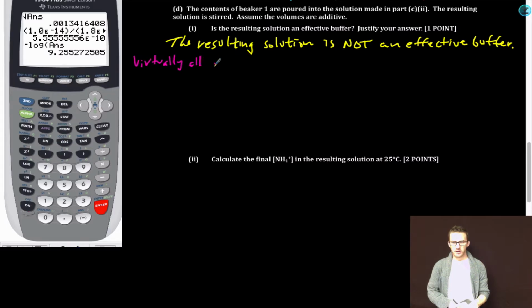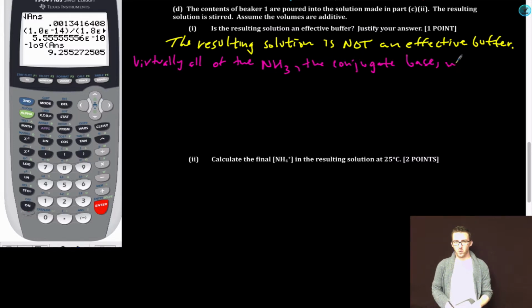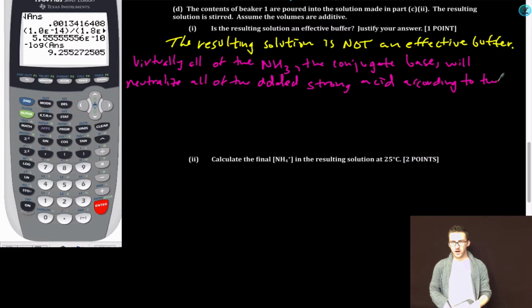Okay, we've answered it. Now let's justify. Virtually all of the NH3, the conjugate base, will neutralize all of the added strong acid, according to the following equation.